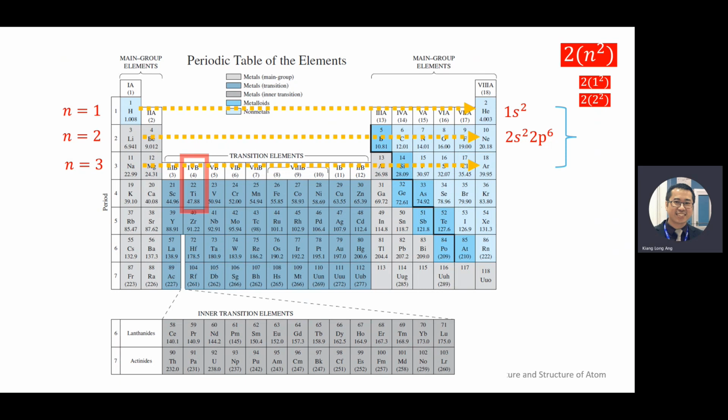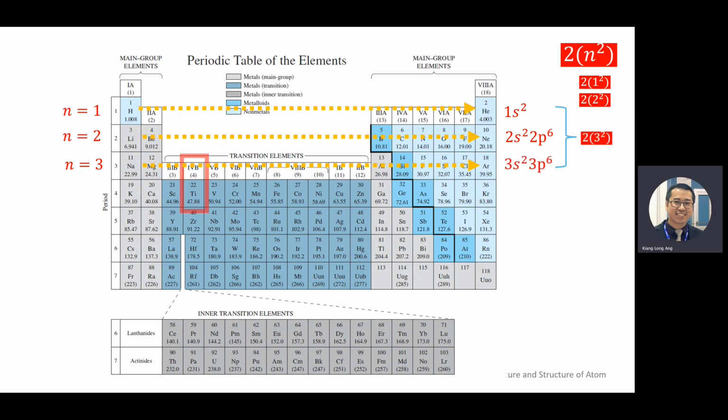Correct? So you count using the periodic table, which is arranged in such a way that it's easy to refer to. You will use this periodic table throughout this module. Then you reach titanium, right? So you have 1, 2, 3, 4. You have 4 electrons. But you know you will surely go to S first. This subshell S has 2 already, the balance is another 2.